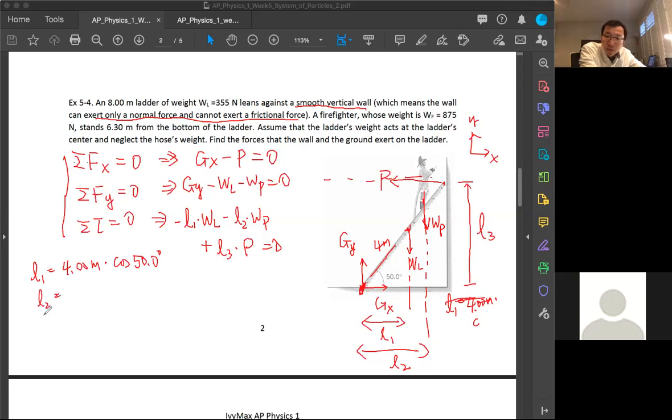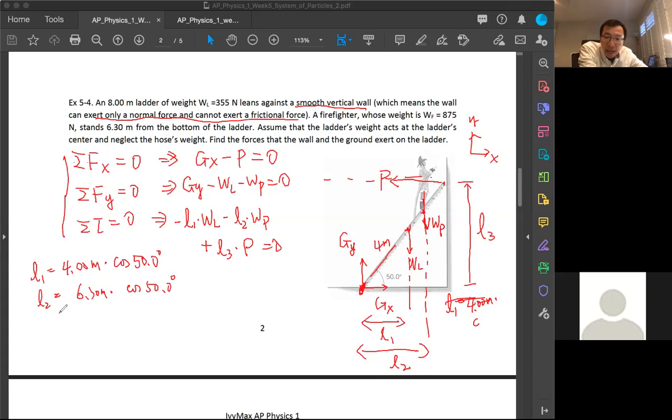L2, they didn't mention anything about L2. Okay, they said that the point where the person stands to the ground is 6.3 meters, right? So 6.30 meters times, I believe it's the same cosine 50.0.